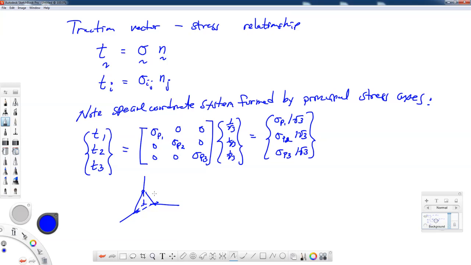Now, these traction vector components aren't necessarily lined up with the unit normal n. They'll only be lined up with the unit normal n if sigma p1, sigma p2, and sigma p3 are equal. So our unit normal might be coming off in this direction, but our traction vector could be maybe off in this direction.